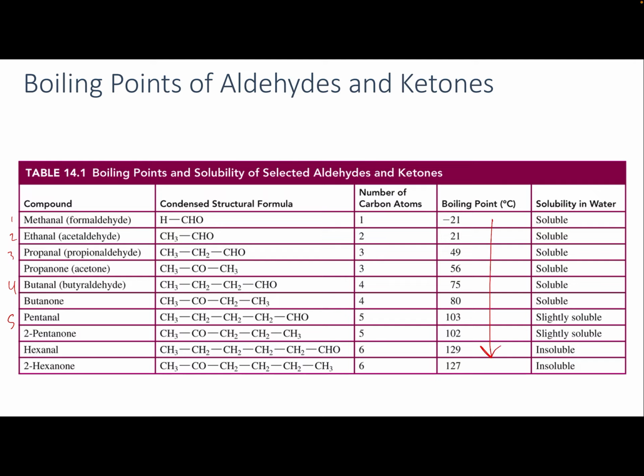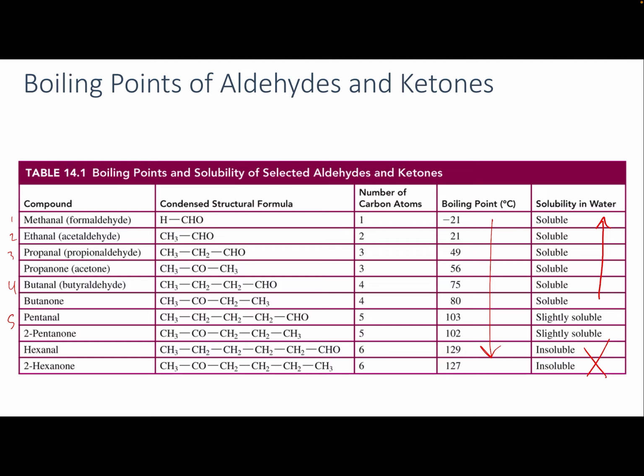And as far as the solubility, you see that that's inverse. So the smallest compounds will have the highest solubility, and actually once we get to 5 carbons or more, I think here 6 carbons, it becomes insoluble. So the polar group is good to help it dissolve in water. It's also good to help raise the boiling point.